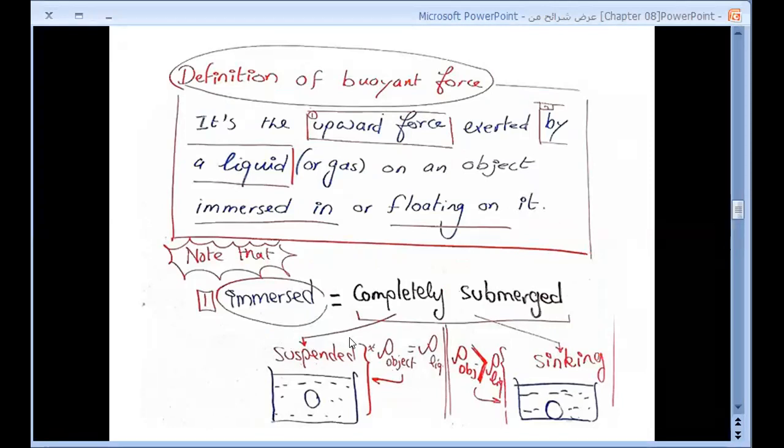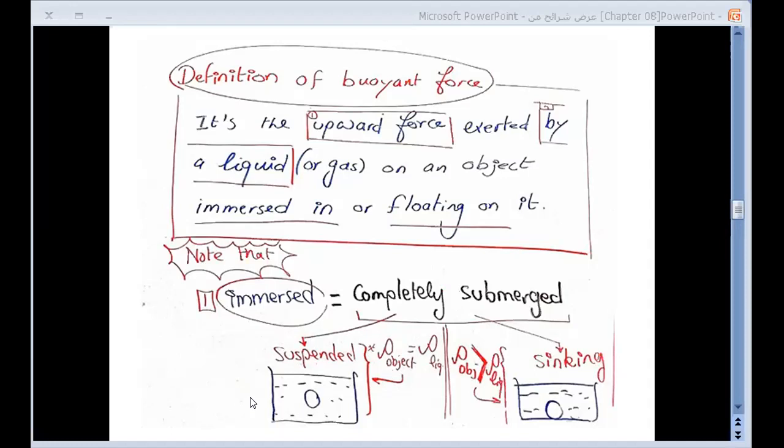We have two cases. The first one is the suspended object. What's meant by suspended? Suspended means it's hanging inside the liquid. It didn't reach the bottom of the bottle. So it's hanging, it's suspended.